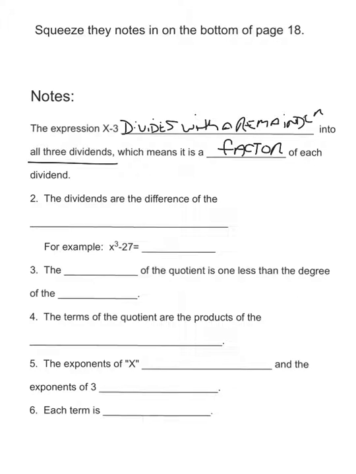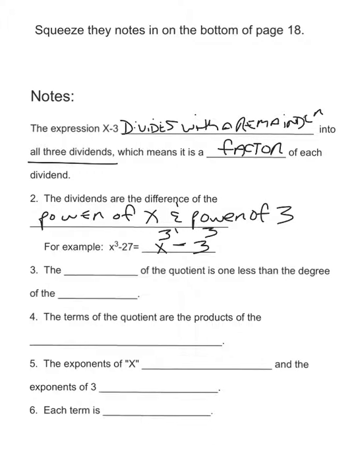Number 2, the dividends are basically the difference of the power of x and the power of 3. So for example, x cubed minus 27 is really x to the 3rd power minus 3 to the 3rd power, since 27 is 3 to the 3rd power.